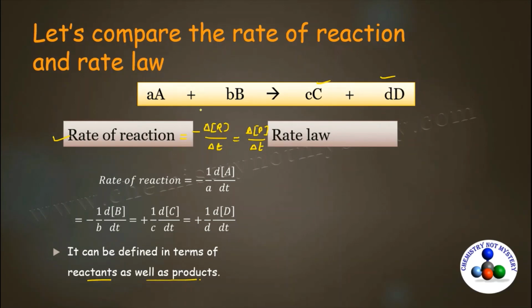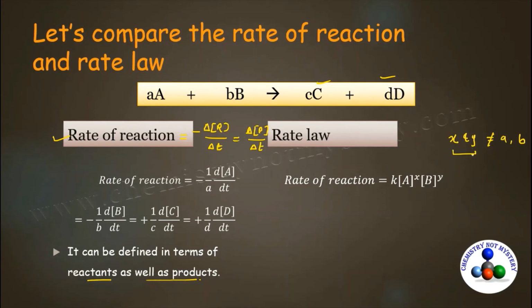But when you write the rate law for this given equation, you will get rate of reaction is equal to K, concentration of A raised to the power x multiplied by concentration of B raised to the power y. Again, I am repeating, x and y have no relation with a and b. Because x and y are experimentally determined quantities, while a and b are the moles in a balanced chemical equation.